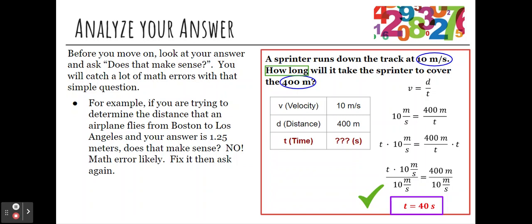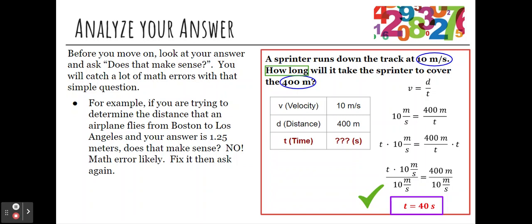What is the problem asking to find, and what variable is that represented? And then I find a formula that allows me to use what I have and what I'm trying to find to solve for that unknown. I plug in my knowns and use algebra to rearrange and isolate my unknown to solve for that unknown measurement. And then I analyze that answer. Is this answer reasonable? And if it is, and I check it, the two sides are equal, then I'm free to move on to the next problem.